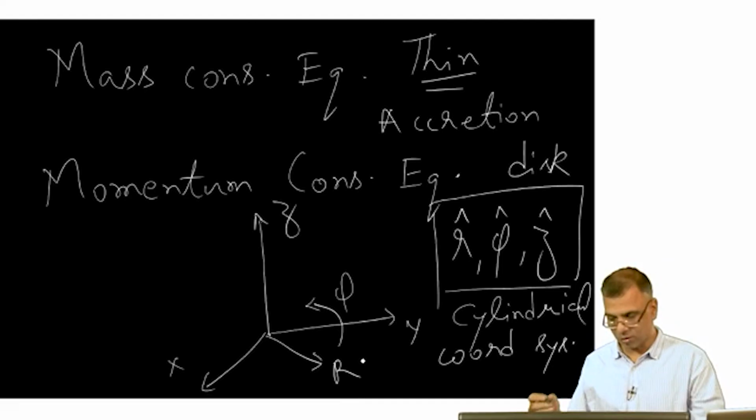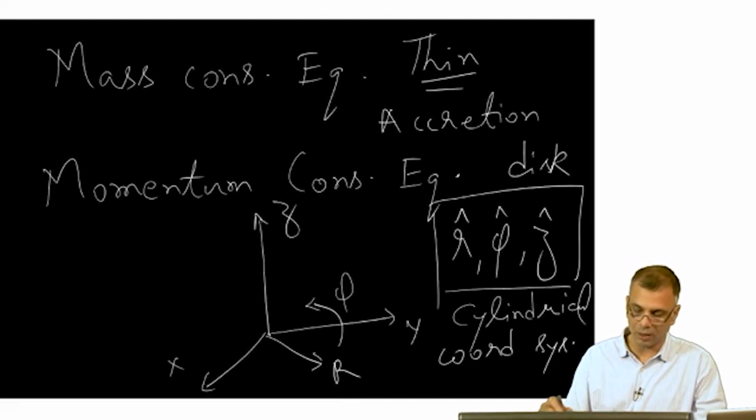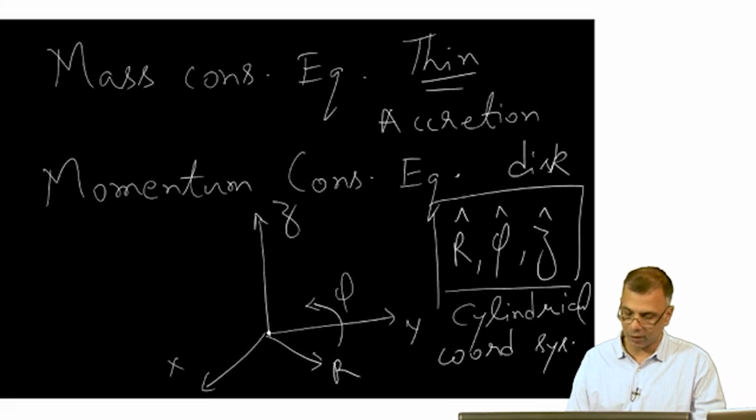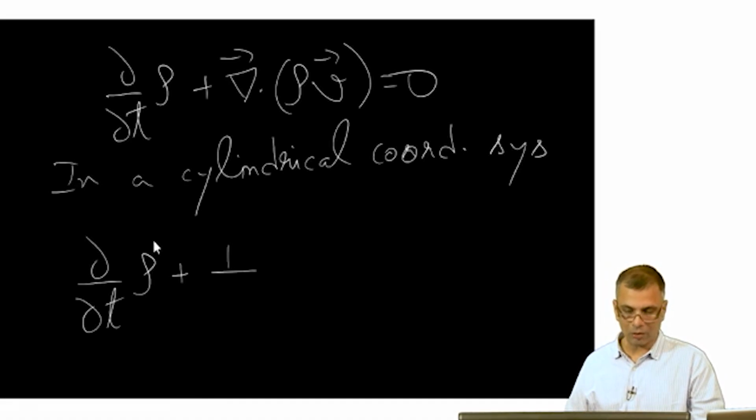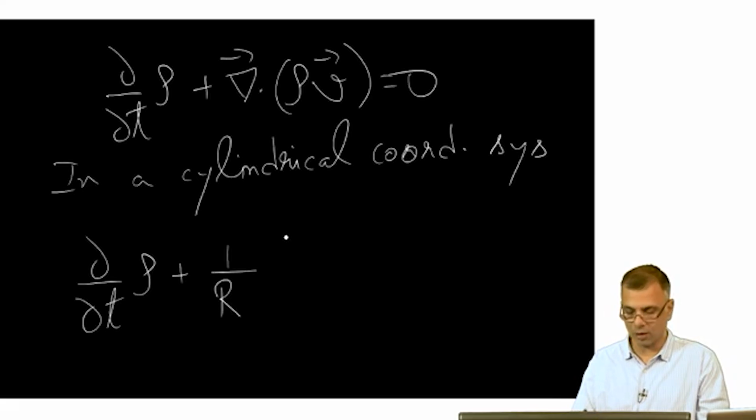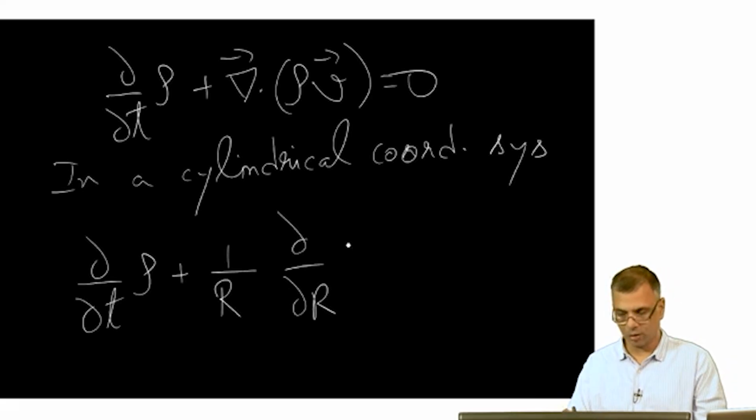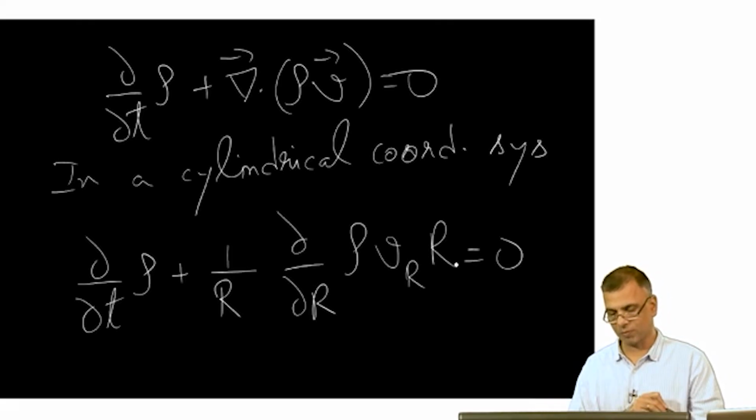It's also good to write it this way because I distinguish between the spherical R and the cylindrical R that I'm using. Remember, the spherical R would be pointing somewhat like this, whereas the cylindrical R is pointing outwards and it's always in the xy plane. So in a cylindrical coordinate system, the mass conservation equation would look like this: 1 over r, this and this are the same.